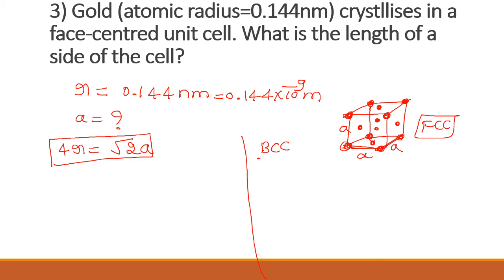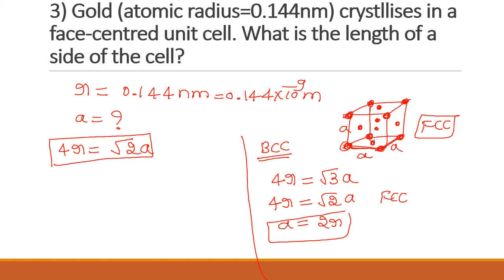If it is a BCC, then the relationship between radius and edge length is 4R is equal to square root of 3 into A. If it is FCC, 4R is equal to square root of 2 into A. If it is a simple cube or primitive cell, then the relationship between edge length and radius is A is equal to 2R. So this one you have to remember always.